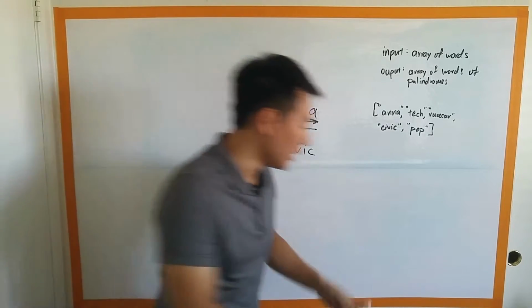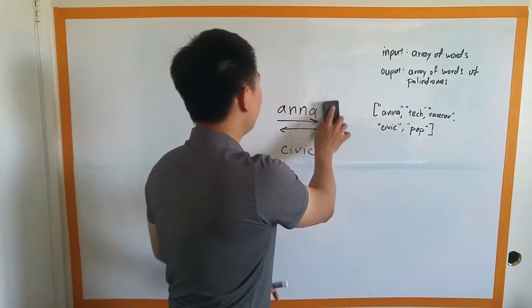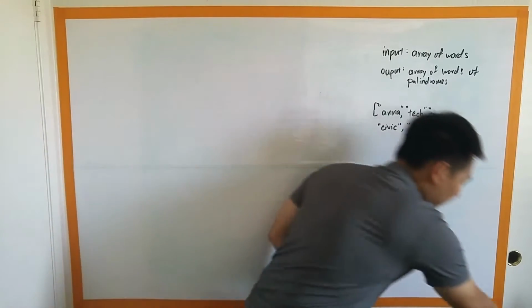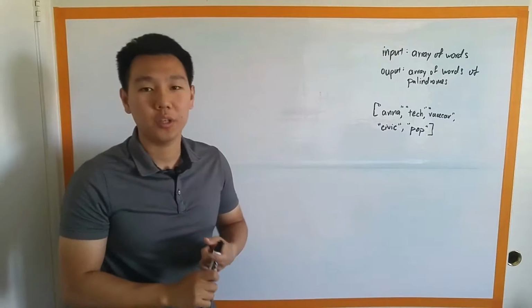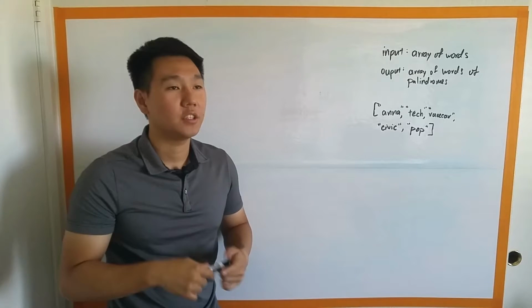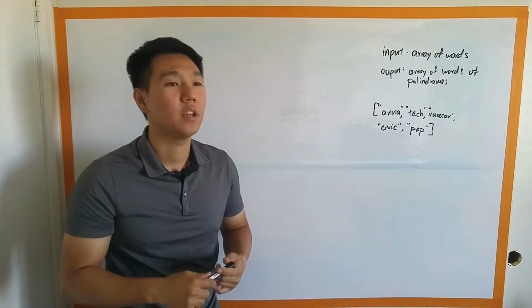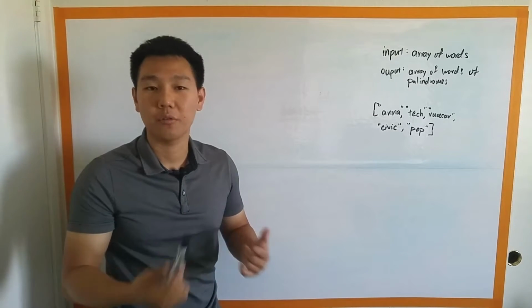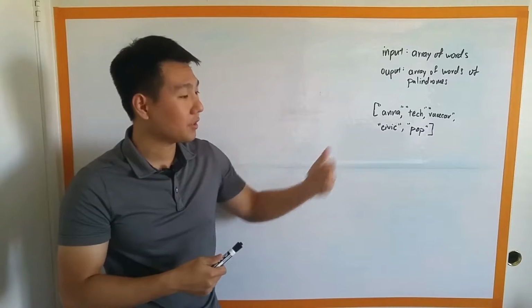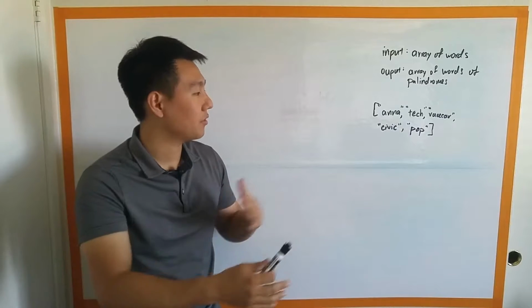And so if we make a kind of a game plan for this guy, the steps that we need to take are: one, we need to go through all the words and then check if they're palindromes, and then we need to put them in our new array data structure. And so for questions like this, it has a couple of steps to it.